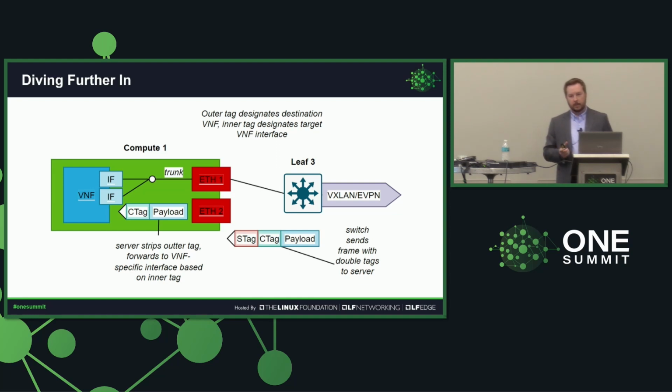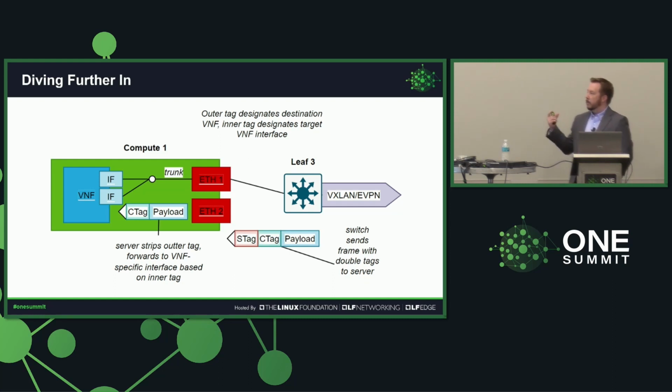If you picture this at scale, you might be running dozens or hundreds of these virtual network functions on a single compute instance, and you need a way to delineate the virtual network function it's destined for first, followed by the specific virtual network interface on that virtual network function that traffic is destined to. So that's why we're using that combination of S tag and C tag in this creative way.